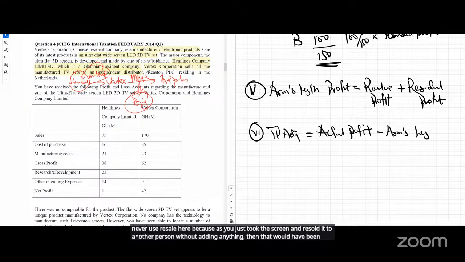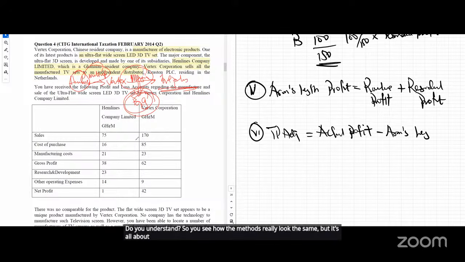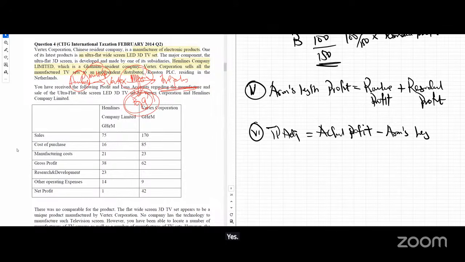But here he added a whole TV set to the screen and sold to third parties, meaning very big value was added. So you see all the methods really look the same, but it's all about the economic value which is inside. Makes sense? You see how easy the methods are?